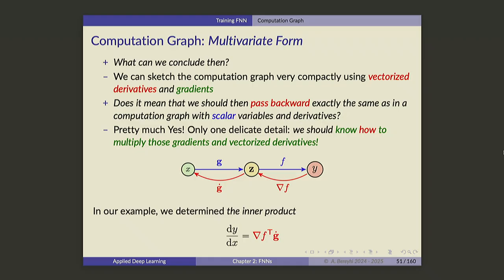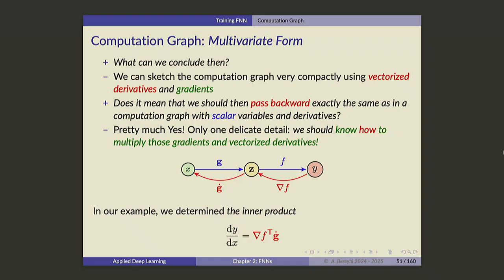What is the derivative of y with respect to x? What kind of object is it? Is it a scalar? Is it a vector? Is it a matrix? What is it? It's a scalar, right? So if it's a scalar, you have two n-dimensional vectors. You want to multiply them in a way that it ends up with a scalar. What should you do? You should do the inner product, right?